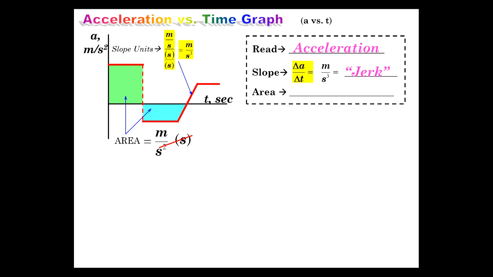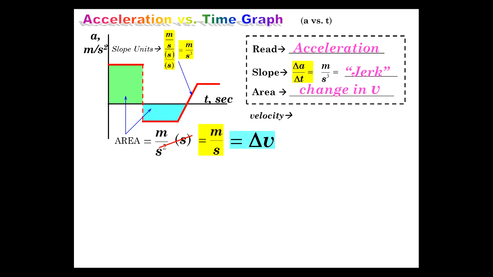One of those seconds goes away, and we get meters per second. So we have three possibilities. What's meters per second? It's a motion unit, I should say. So this must correspond to speed, velocity. There's actually another possibility, and it's change in velocity. And it actually is delta V. How much the velocity has changed.